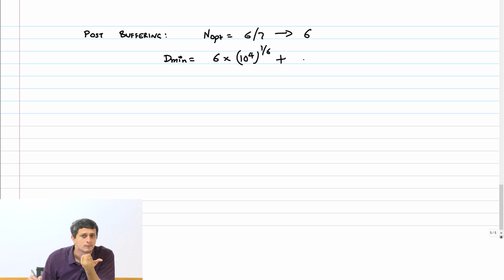How much was that? 6 plus how many? No, 2, because I added 6 gates totally, right? So 2 into 1. What's the number you get?